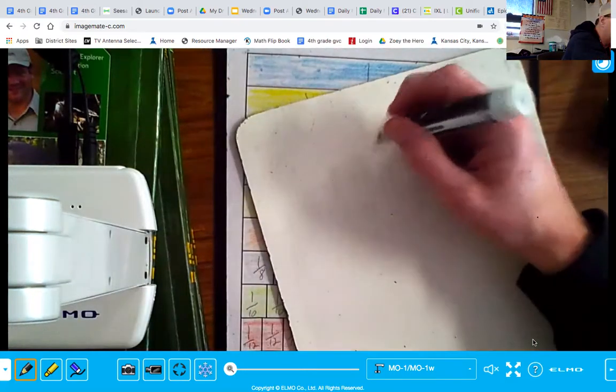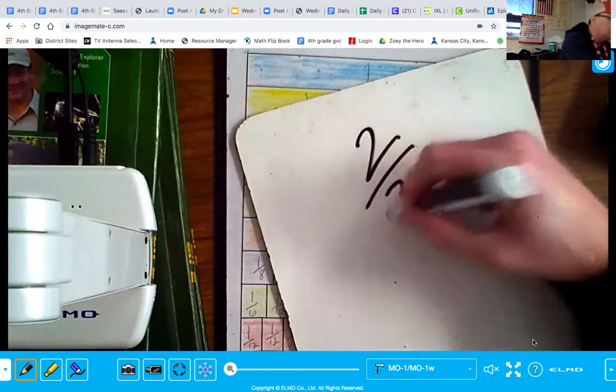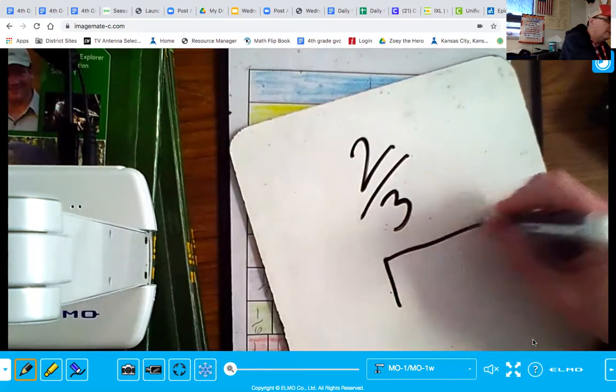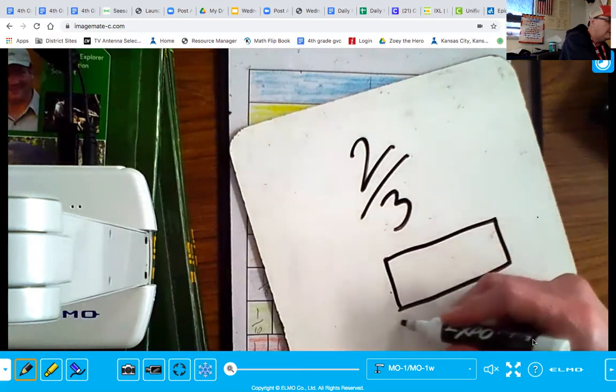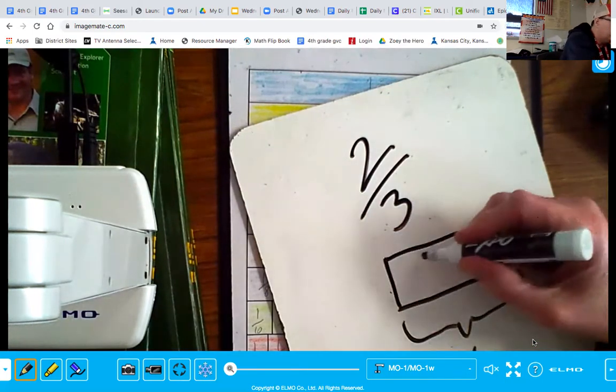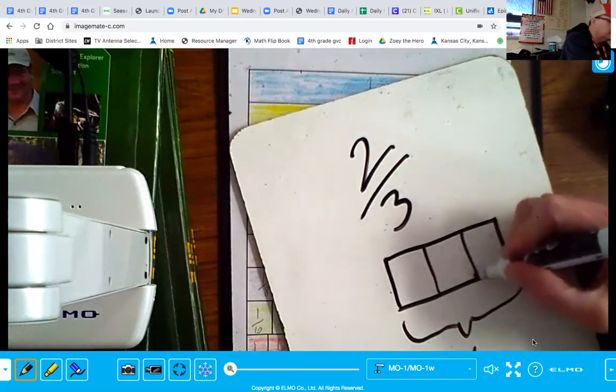Like, let's say, for example, 2/3. A fraction is an equal part of a whole. So let's say we have one whole, like this one rectangle here, right? And let's say we split it into 3 equal parts.